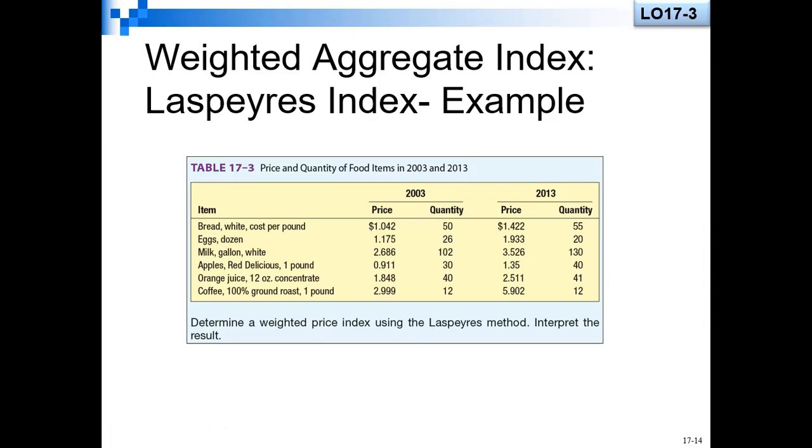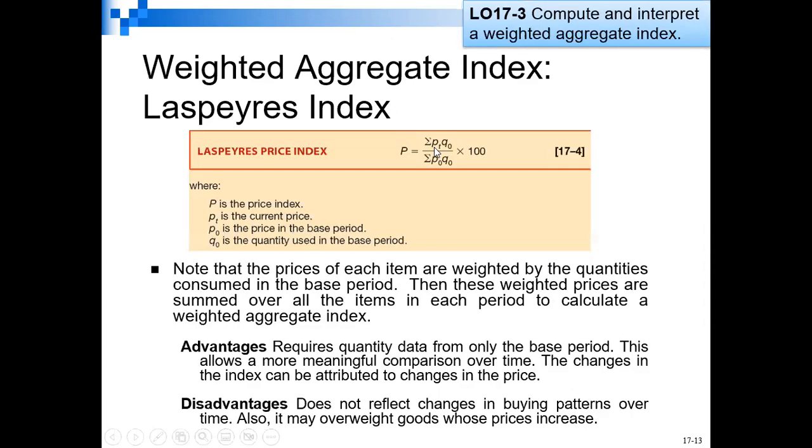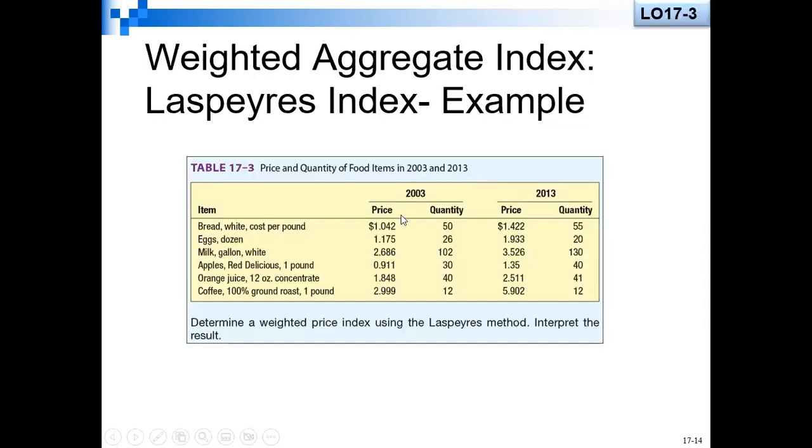So there are two ways, okay? Let's go back one step. You can look at the price today of what you consumed in 2003 and say, what would it cost you in 2013? So you're going back to your quantities. You're comparing, if you maintain this standard of living or this combination of items, what will that combination cost you in 2013?